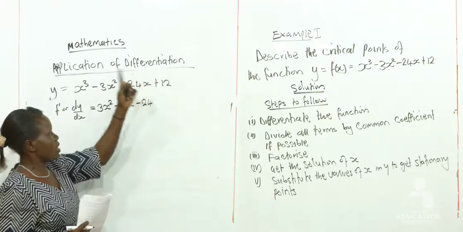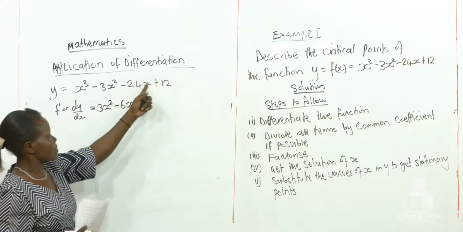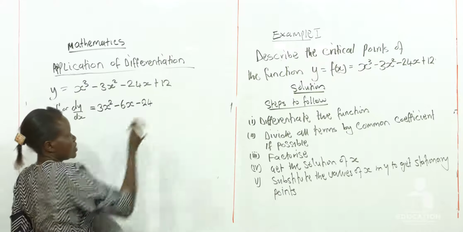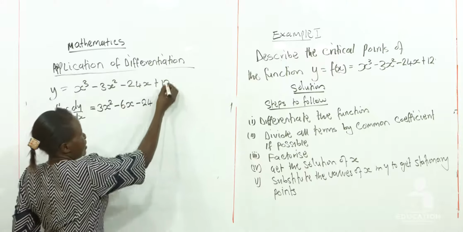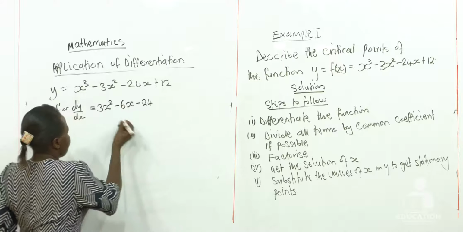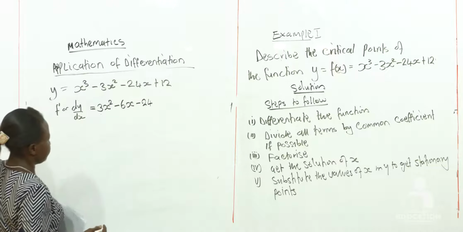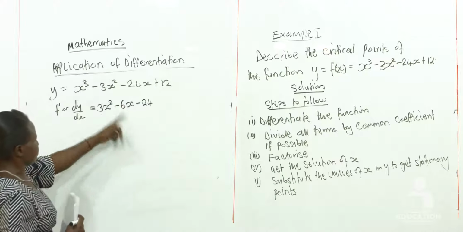Any number to the power 0 gives 1, so differentiating 24x alone gives 24. And the constant gives 0.